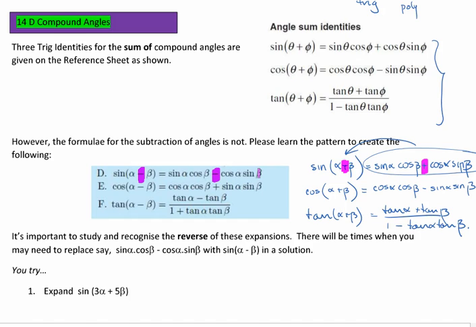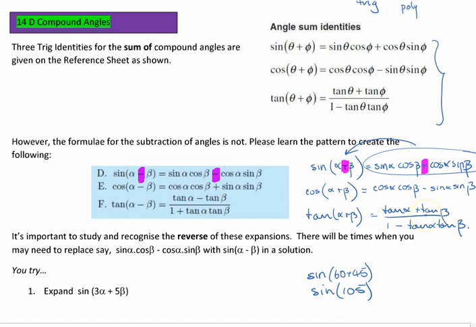What you will often see, and just the way that they test this sort of thing, is, for example, you could be asked about getting exact values, for example, of sine 60 plus, say, 45. So sine 105.